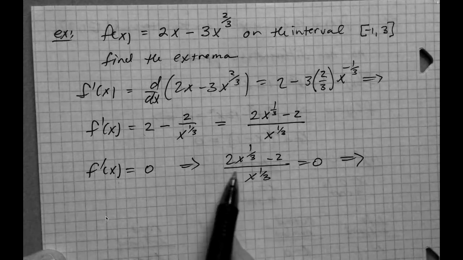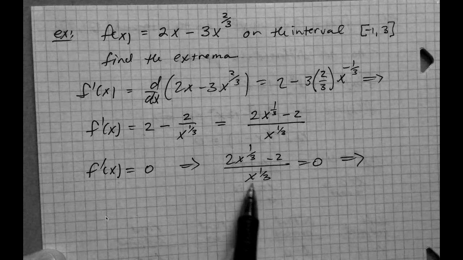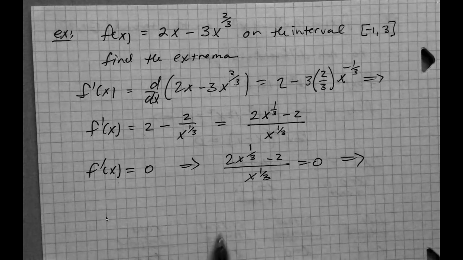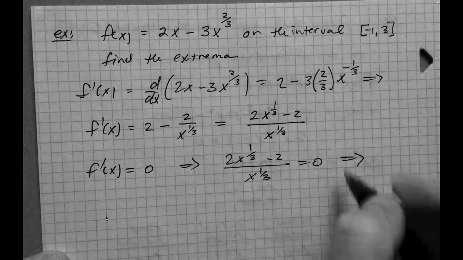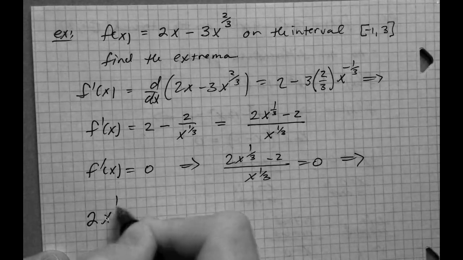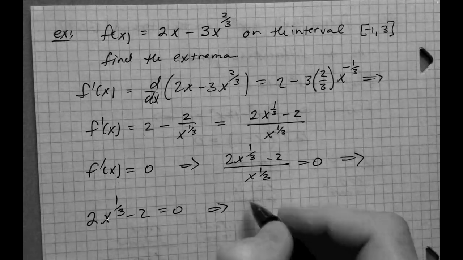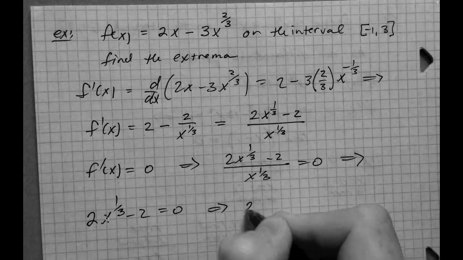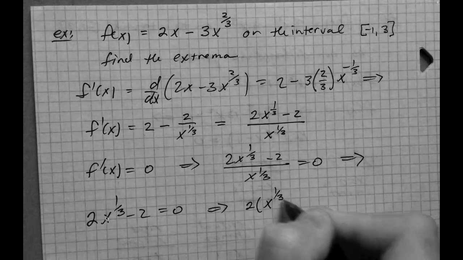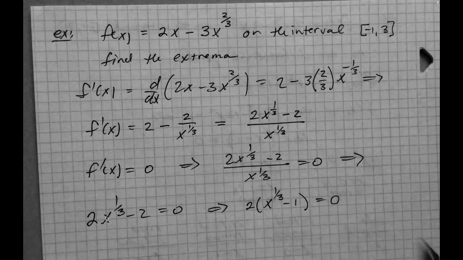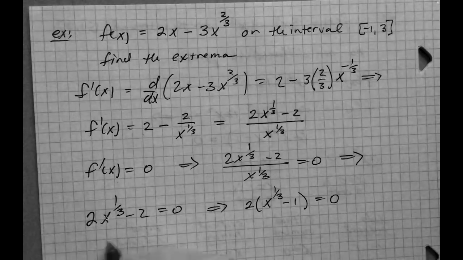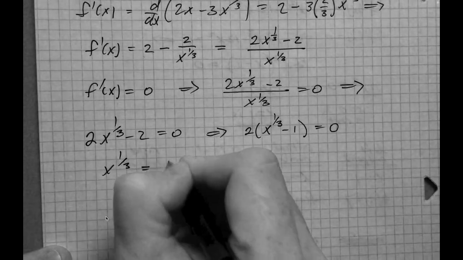Yes, we can, right? So multiply both sides by x to the 1/3. Actually, hold on. Let's do it in 2 steps. So 2x to the 1/3 minus 2 equals 0. Then you do have to factor this first, technically. So you'd have 2 times x to the 1/3 minus 1 equals 0, and then divide by 2. So x to the 1/3 equals 1.